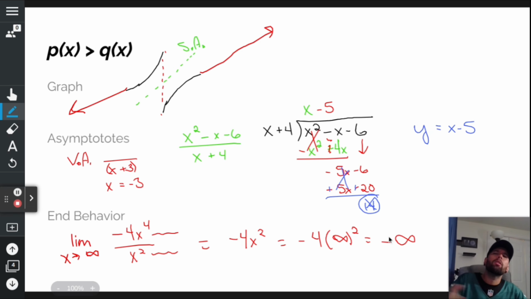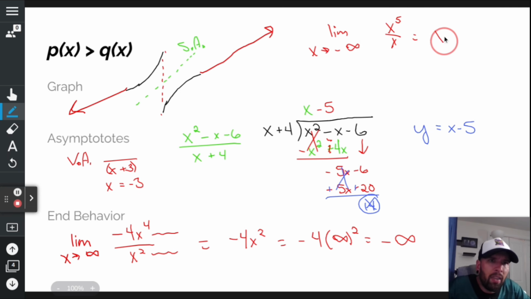So very similarly to the last slide, we take the leading terms, simplify, expect the x to be larger in the numerator or denominator, and then plug in infinity, and you're either going to get positive infinity or negative infinity. It's always going to be that way. And if I gave you something like, let's find the limit as x approaches negative infinity of, let's just say, x to the fifth over x.